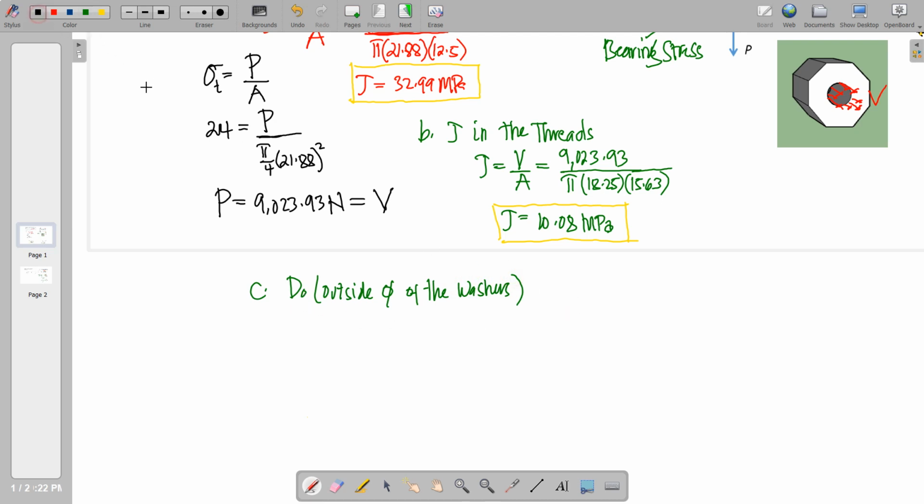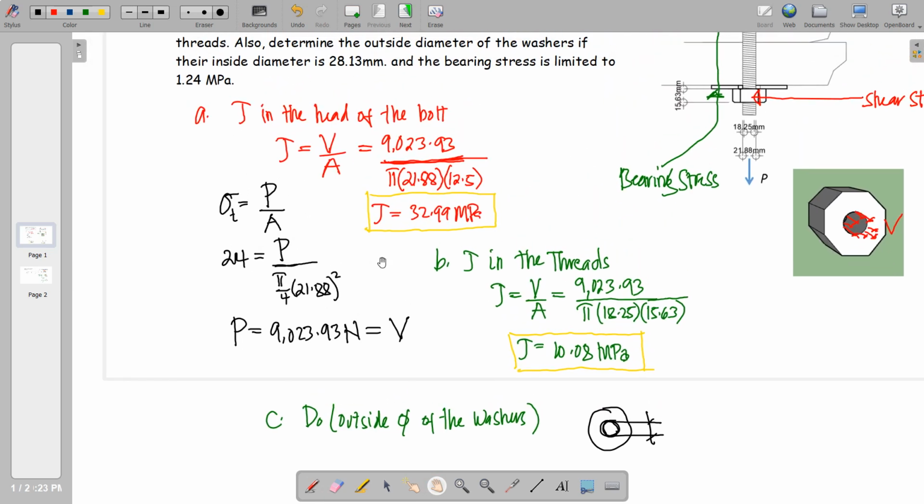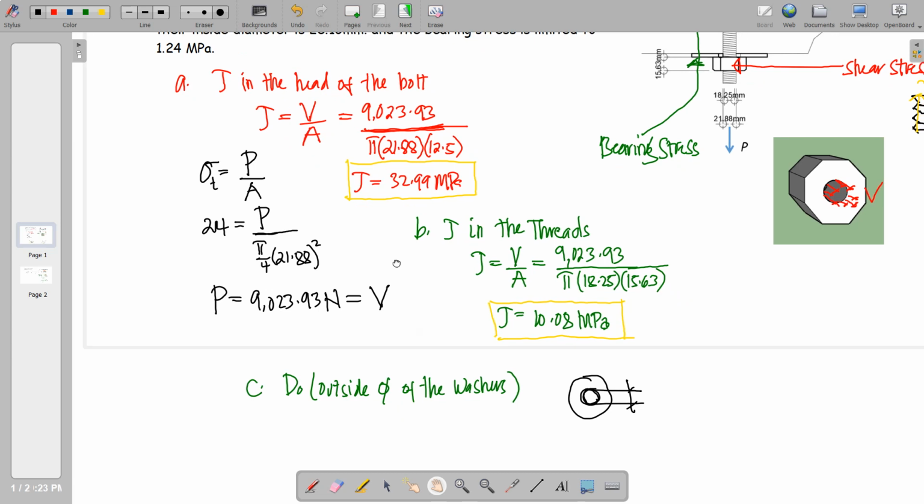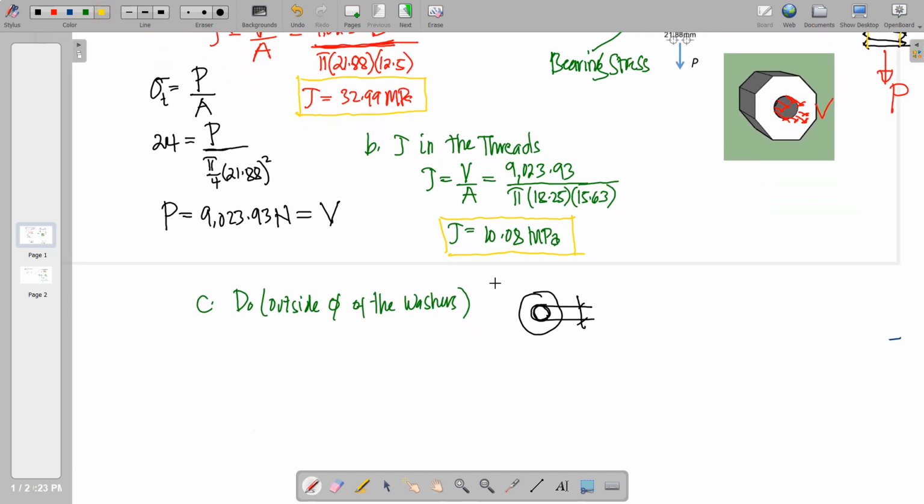Of course, the washer is a donut shape wherein, under the conditions of the problem, we know the inside diameter is equivalent to 28.13, and this is the unknown outside diameter.